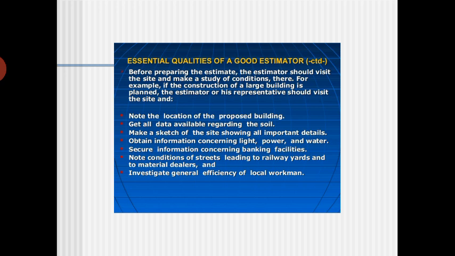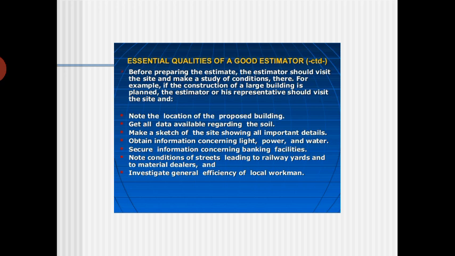Next, what about the water, is the water facility there? If the water facility is not there during building construction, a lot of water is required for curing purposes and all those things. Whether I have to dig a well, or include a bore well in the estimate also, that kind of thing you have to include.